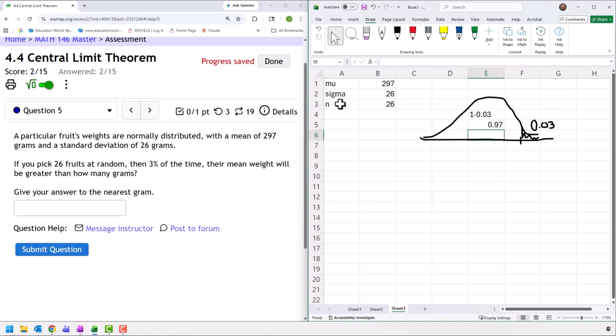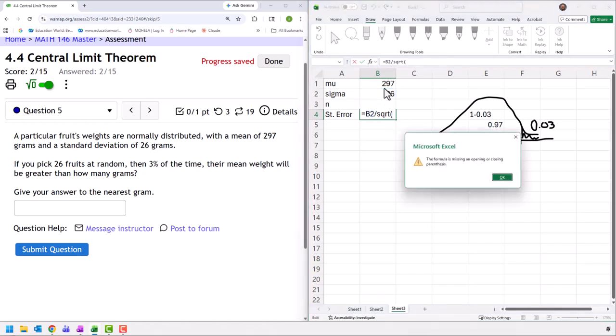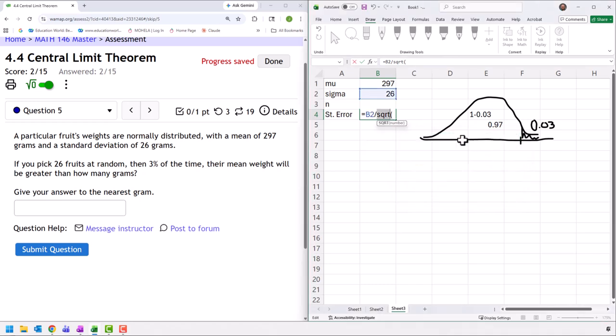But we also have a sample size. So our standard error of the mean is going to be equal to sigma divided by the square root of 26. Let's just click this one.